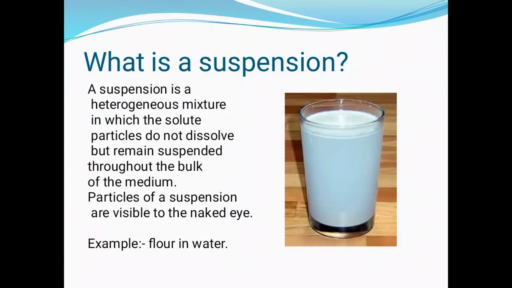But in a suspension, when we add a solute to the solvent, it won't dissolve, but will remain suspended throughout the bulk of the solvent. As a result, we get a heterogeneous mixture in which we can see solute particles as well as solvent particles. This is what is known as a suspension.